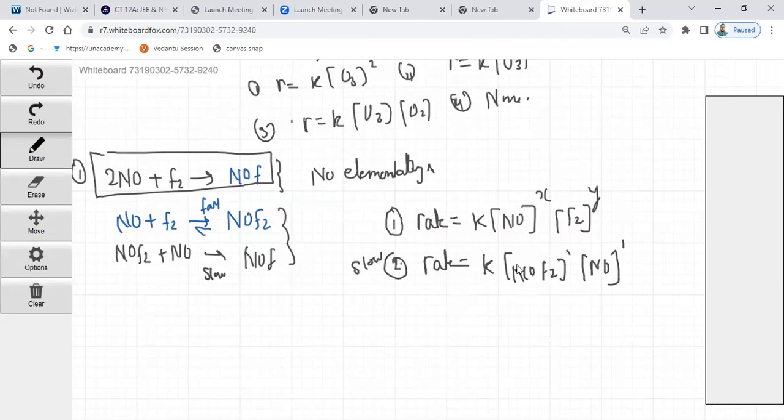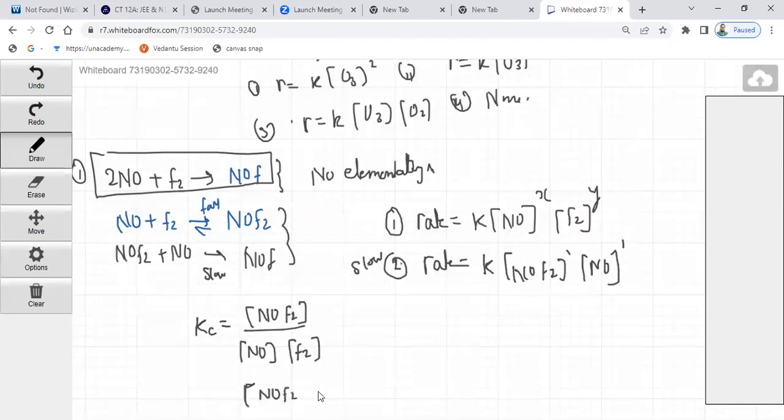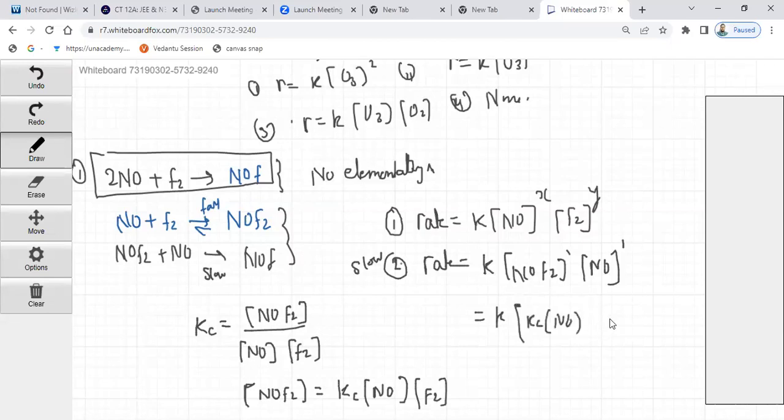If I write Kc, its value is NOF2 divided by NO into F2, so NOF2 will be equal to Kc into NO multiplied by F2.